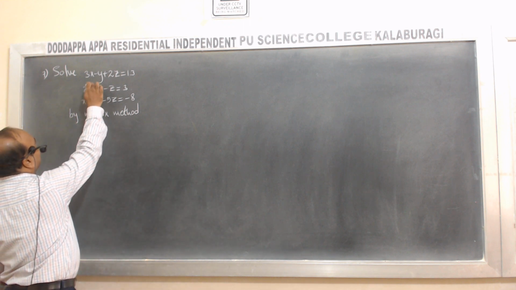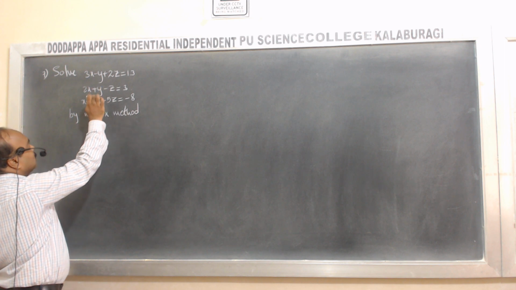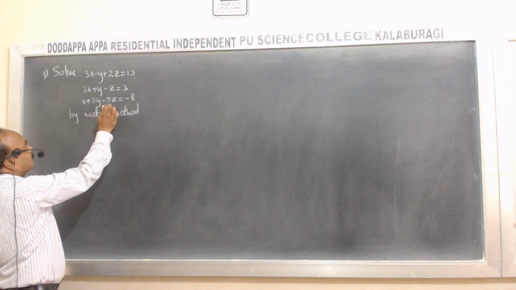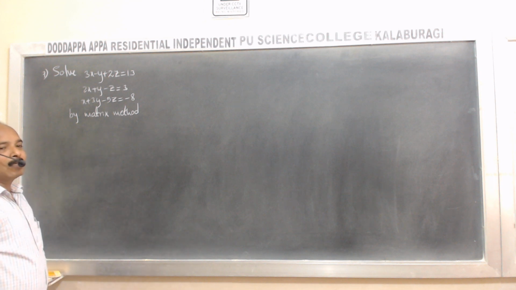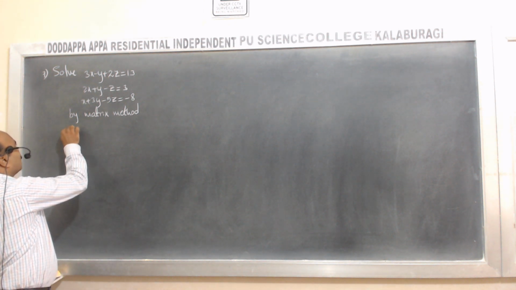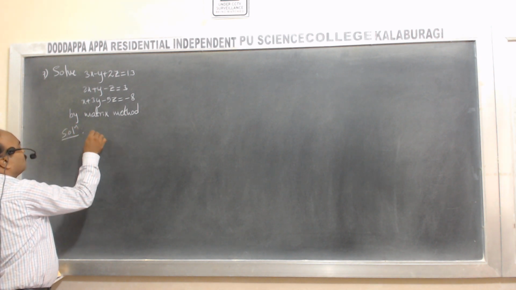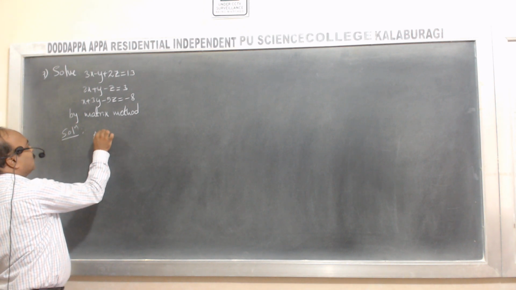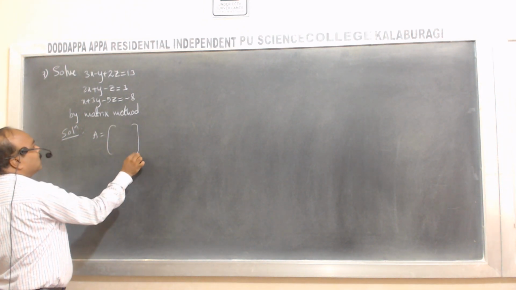Solve 3x minus y plus 2z equal to 13, 2x plus y minus z equal to 3, x plus 3y minus 5z equal to minus 8 by matrix method. Now first we go for three matrices. First we take matrix A. It is the coefficient matrix.